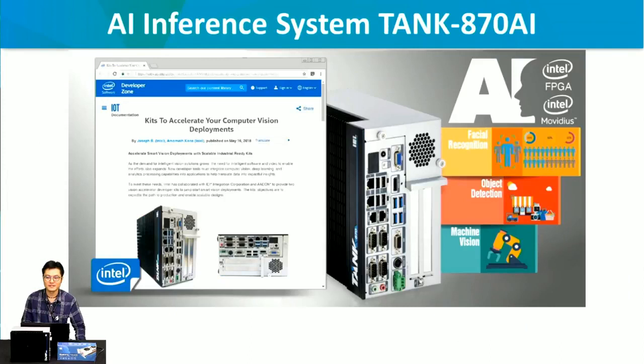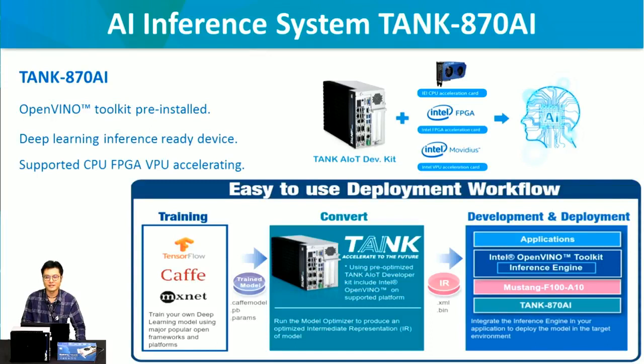For the Tank-A70 AI, here's a snapshot from the Intel website. It uses the Tank-A70 AI combined with the Mustang acceleration card to do the inference applications. So with the rich I/O of the Tank-A IoT development kit, it's especially suited for different industrial tasks.